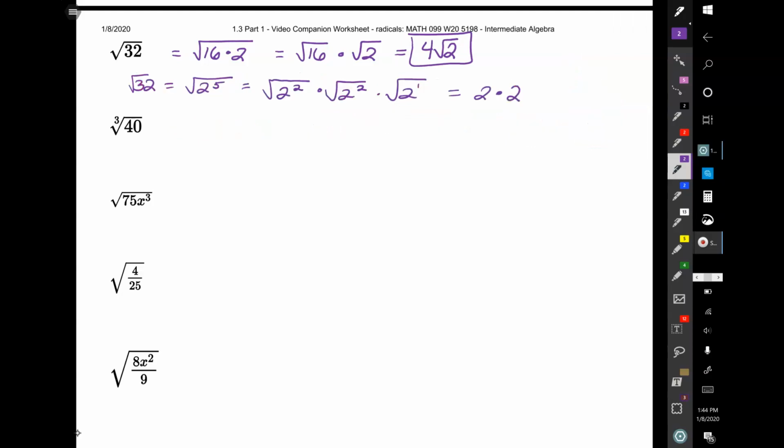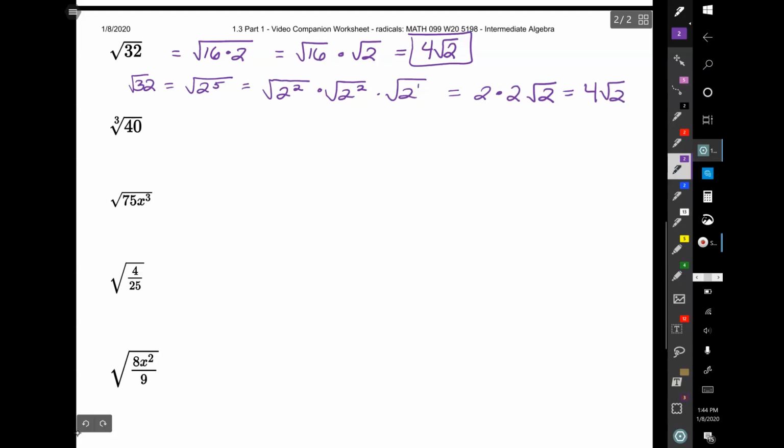So if you didn't know right away that square root of 32 would break down to 16 times 2, I've written out a different method here. You could break it down into a product of its primes, and you would end up with square root of 2 to the 5th, which breaks down to square root of 2 squared times square root of 2 squared times square root of 2, which would then give us 2 times 2 times square root of 2, which equals 4 square root of 2.